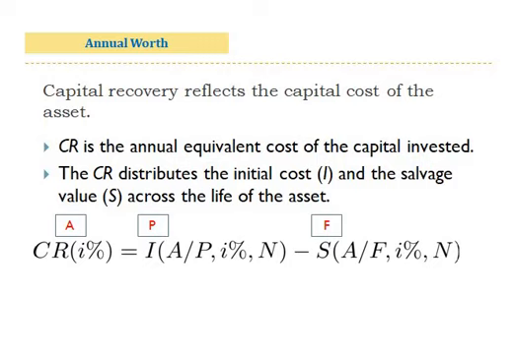So I will be following this equation: capital recovery, an annual equivalent cost, equals I, as if I'm calculating P. If I want to calculate A knowing P, then I have to multiply it by the factor (A knowing P, i, N). Now the salvage value is a future value, and remember I'm calculating A, annuity, so A equals F, so the salvage value must be multiplied by the factor (A knowing F, i, N).